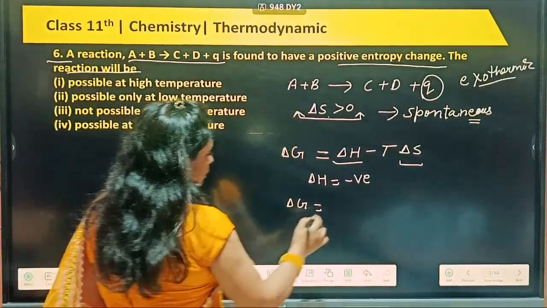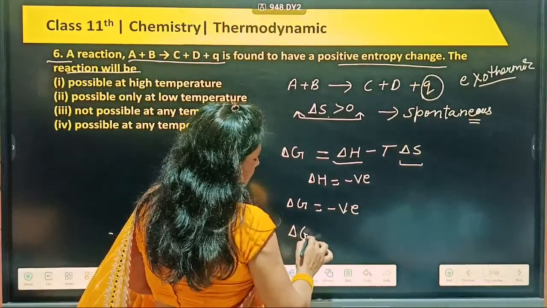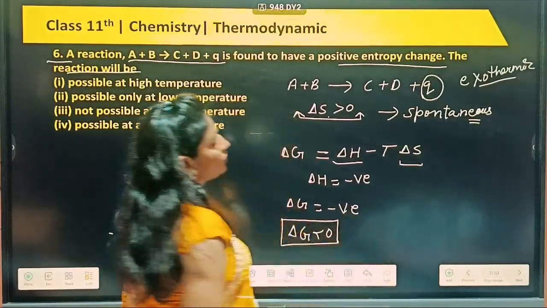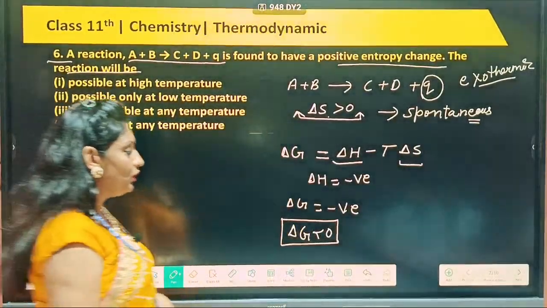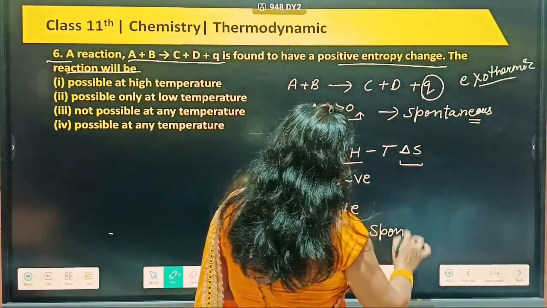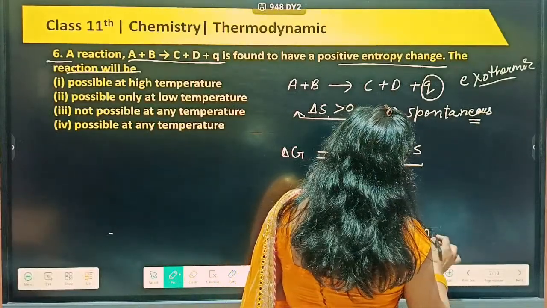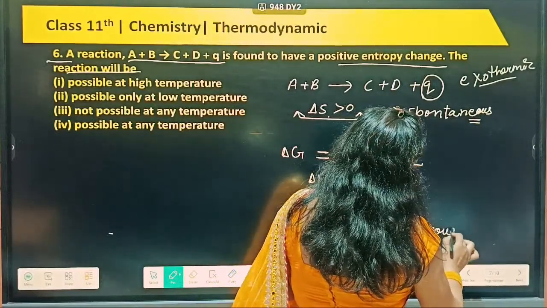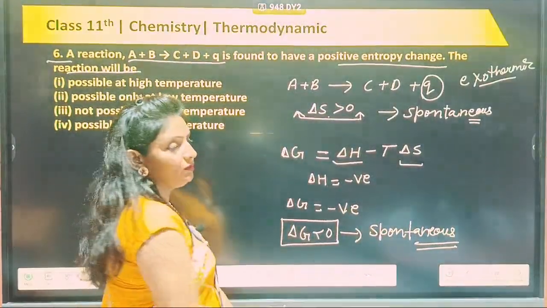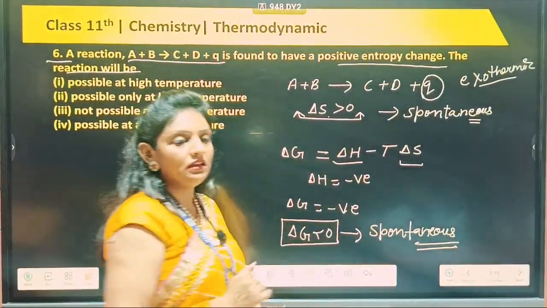And students, you know very well, for a spontaneous reaction, we have discussed yesterday about this, for a spontaneous process, the value of del G will be less than 0 and the value of del S will be greater than 0.